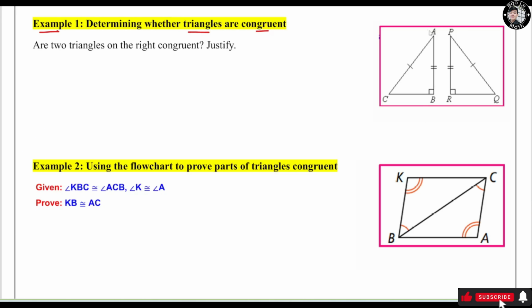We see that these two triangles are right triangles, because angle B is congruent to angle R, equal to 90 degrees. Now we have AB congruent to PR, and the hypotenuse AC congruent to PQ. So we can conclude that these two right triangles are congruent by the HL theorem.